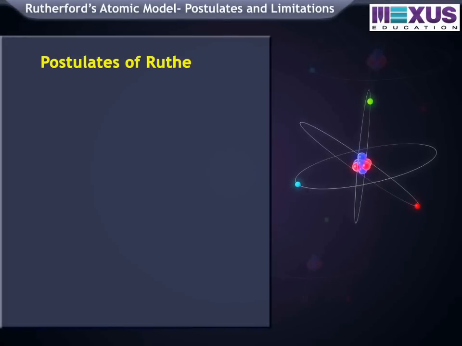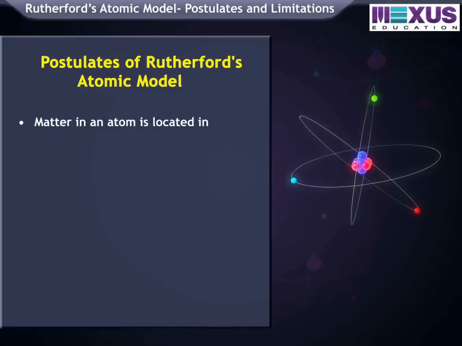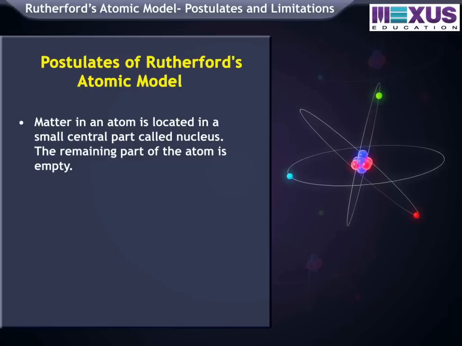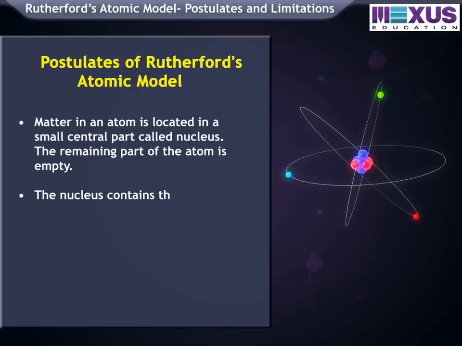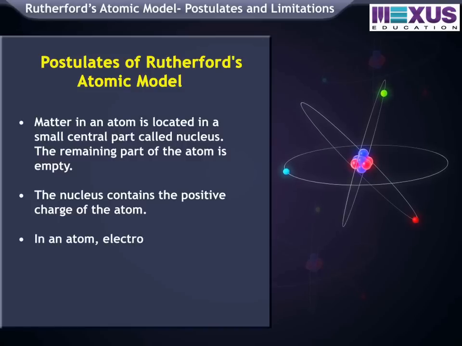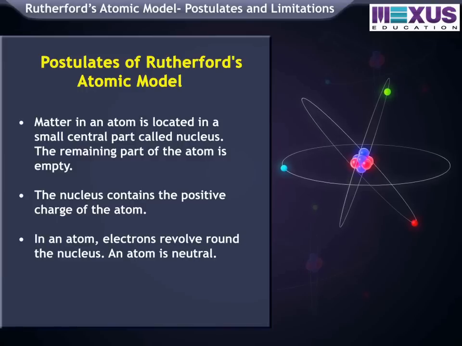The postulates of Rutherford's atomic model can be summarized as: matter in an atom is located in a small central part called nucleus. The remaining part of the atom is empty. The nucleus contains the positive charge of the atom. In an atom, electrons revolve around the nucleus. An atom is neutral.